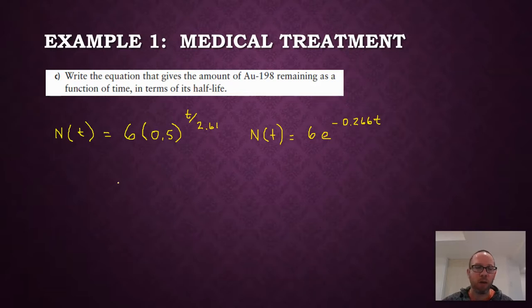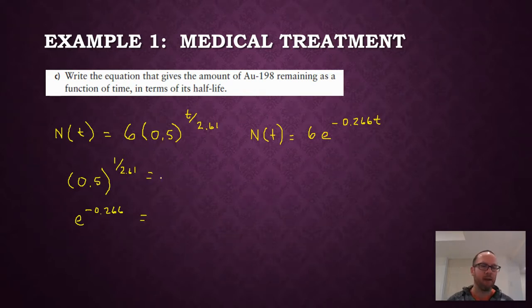And just to show, you can do this little calculation yourself. Try doing 0.5 to the power of 1 over 2.61 and see what you get. And then try doing e to the negative 0.266, because those are the places where these functions differ. They each have a 6 in front. They each have a t in their exponent. This is the stuff that differs.